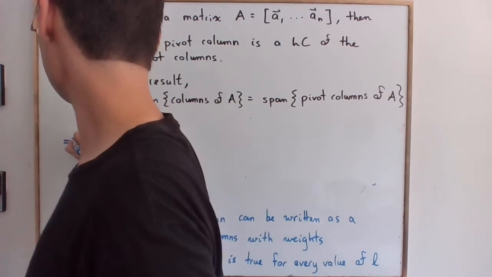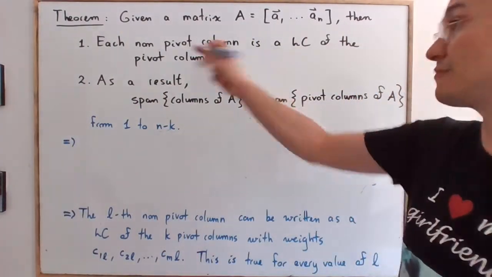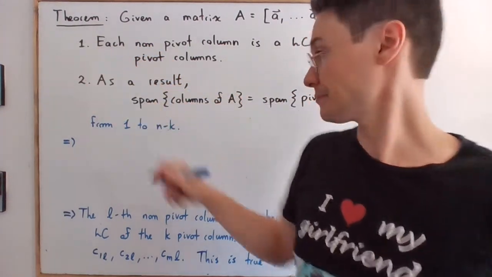And this means that every non-pivot column is a linear combination of the pivot columns, proving item number 1.